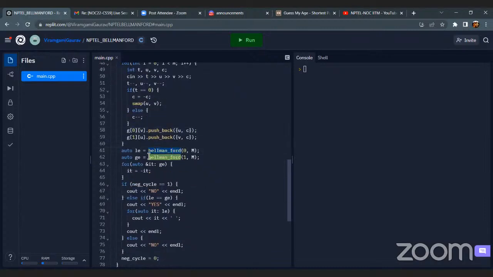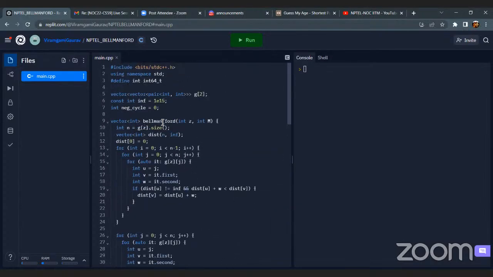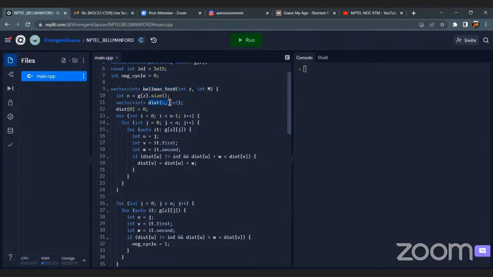Now I will apply the Bellman-Ford algorithm on both of the graphs. What the Bellman-Ford algorithm does is it initializes the distance array. The ith element of this distance array denotes the shortest path from vertex 1 to vertex i.